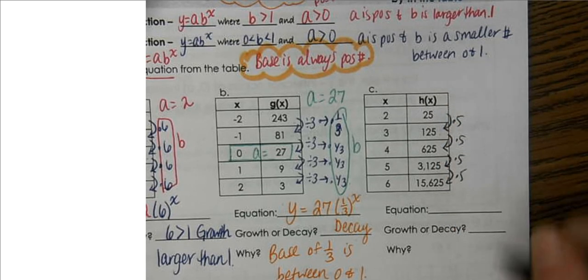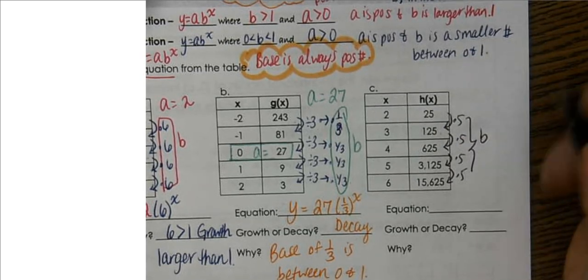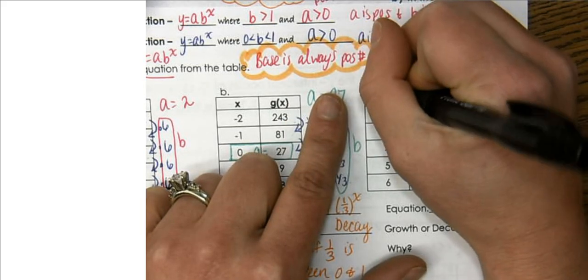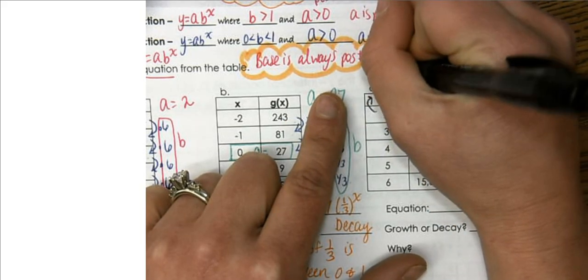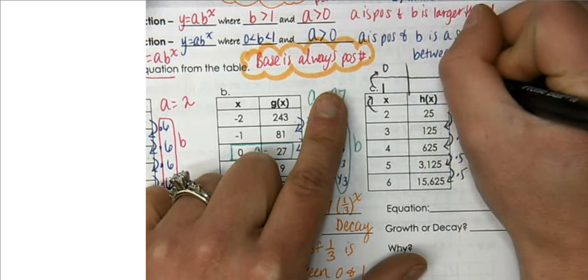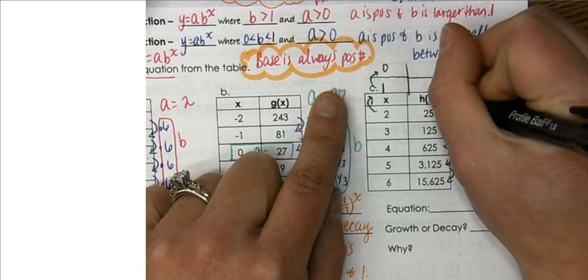So I know that this 5 is my base. Now in order to go backwards, I need to calculate when x is equal to 1, and then once again when x is equal to 0. Instead of multiplying by 5, I need to divide by 5.